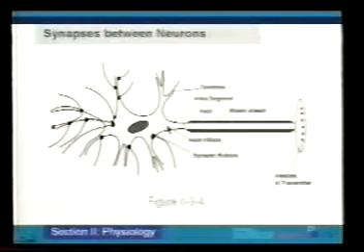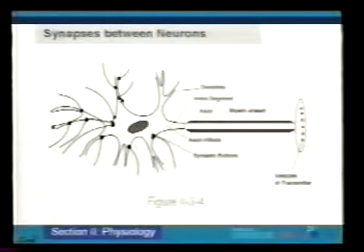Now, to initiate an action potential, you need a fairly high concentration of voltage-gated channels. And they begin at the axon hillock or the initial segment. So in this region here, you have a much higher concentration of voltage-gated sodium channels than you have on the cell body and the dendrites.